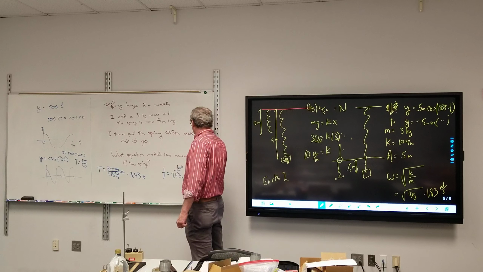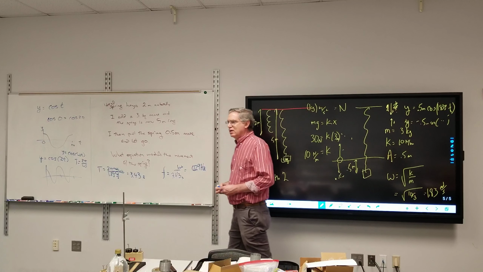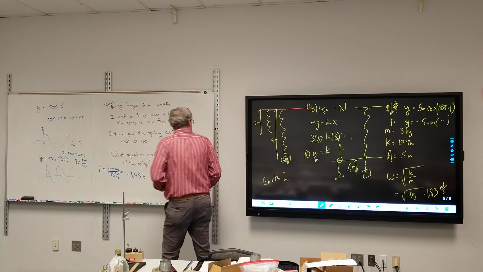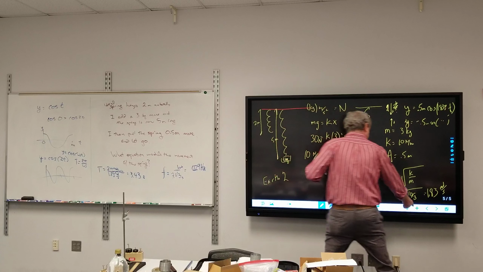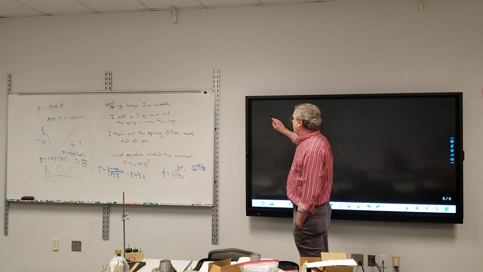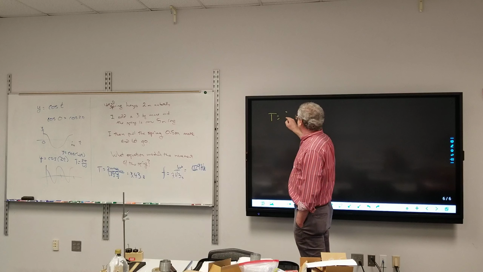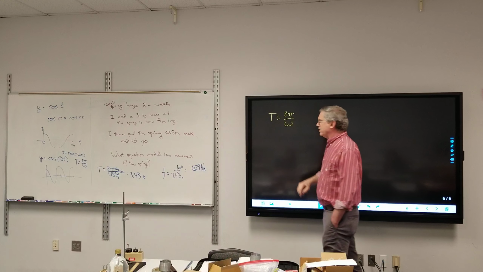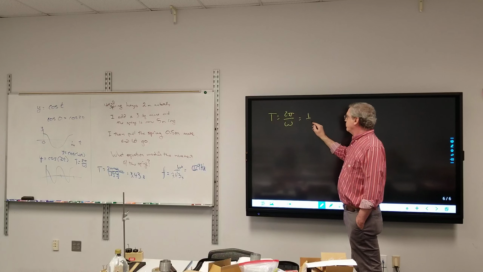If we didn't find the period first, how would you have wanted us to find the frequency? Looking at the relationships we just laid out, I know that the period is 2 pi over the angular frequency, which is also 1 over the frequency.